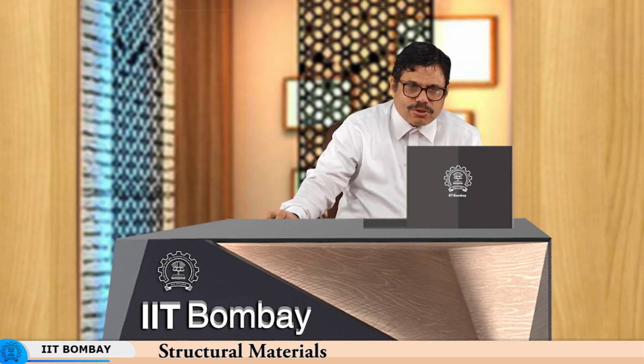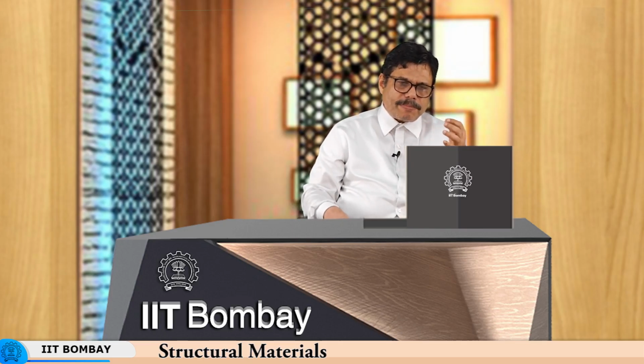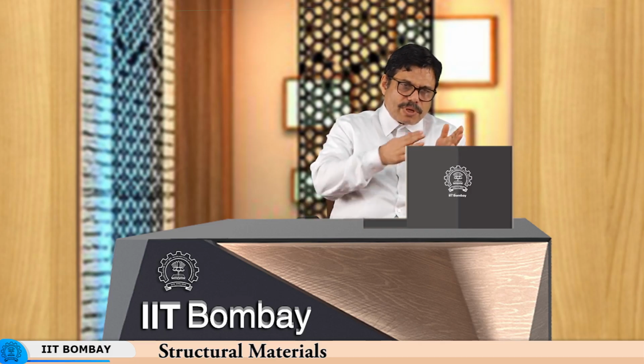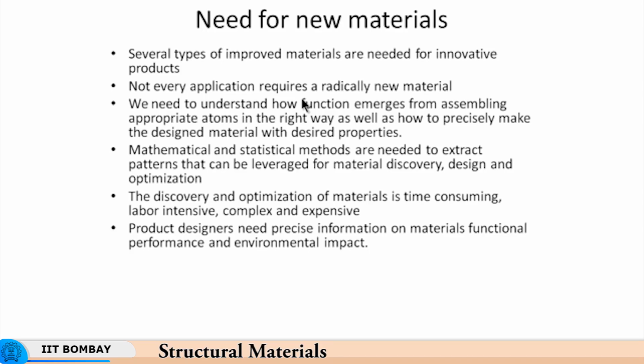So, now if you look at the product design aspect of it, if you want to translate this from, let us say, atomistic level to a product design or application to a product, then I know that for a product I need certain properties, and then I work backwards to translate the requirements of the product into material properties. These material properties get translated into structure, what kind of structure that could possibly serve the purpose.